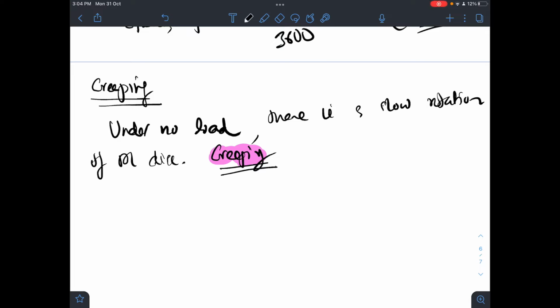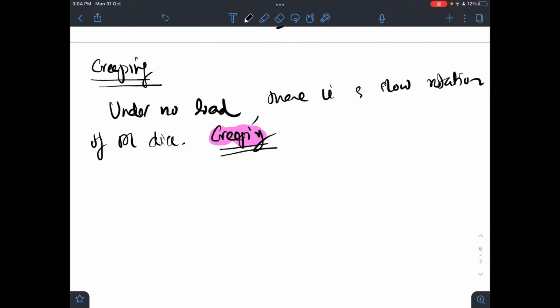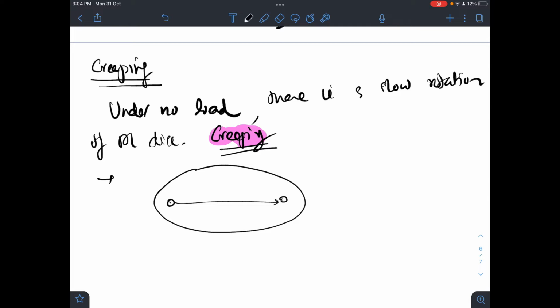So how can we avoid that? I will say you have to find out for yourself how it is really affecting it. It is normally reduced by, whenever you have an aluminum disc, creating two holes on diametrically opposite sides. Whenever you place these two holes on diametrically opposite sides, then you can avoid creeping.